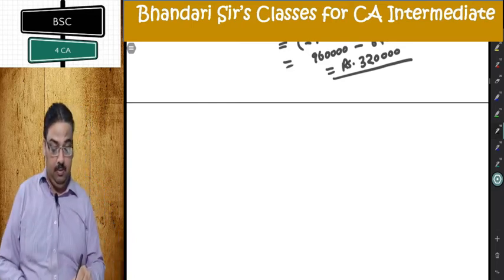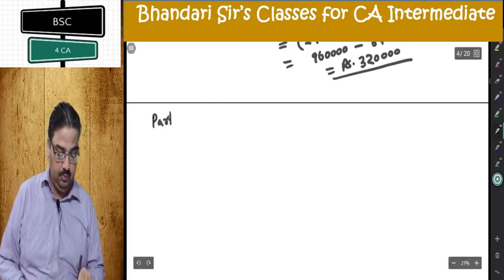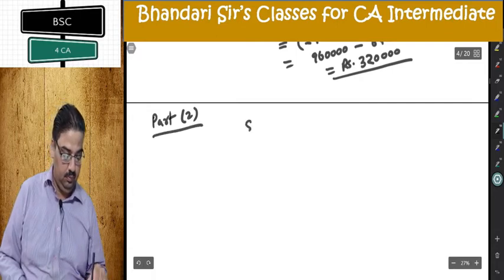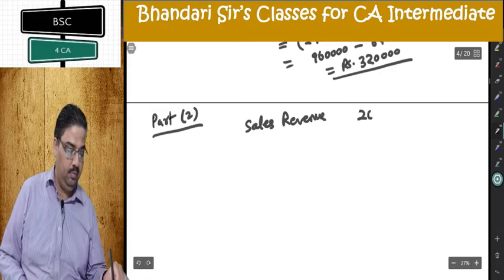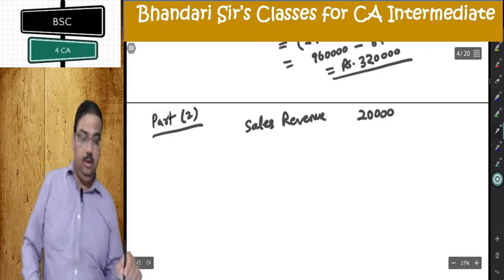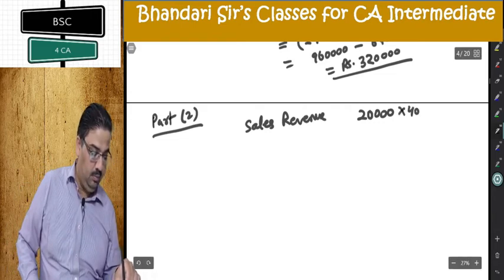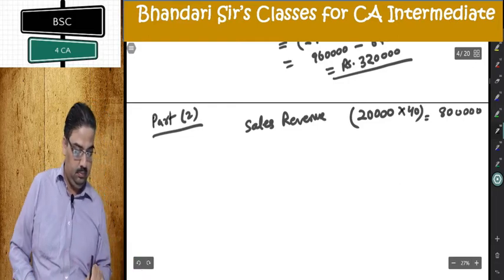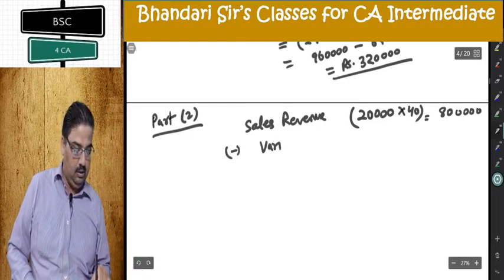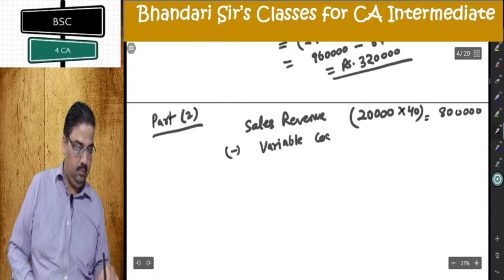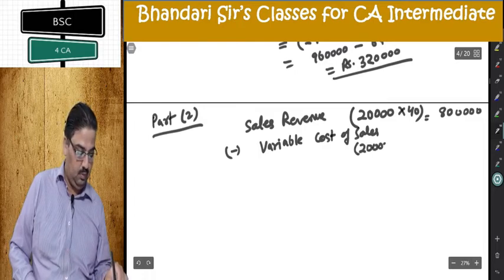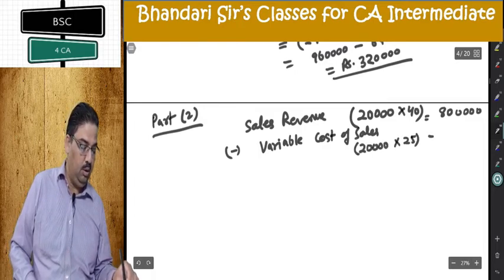So I make the income statement of this part 2. Sales revenue: 20,000 multiplied by 40, 8 lakh, minus variable cost of sales: 20,000 into 25, 5 lakh.